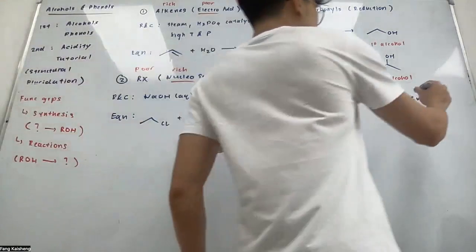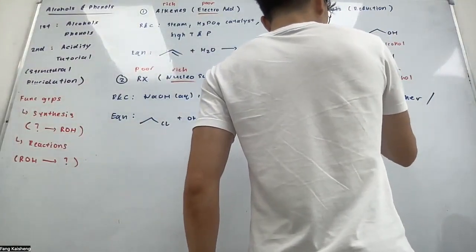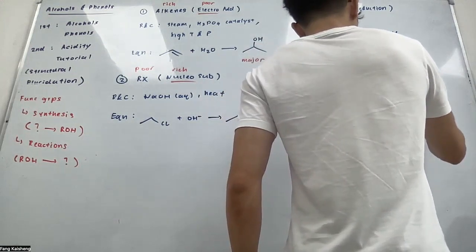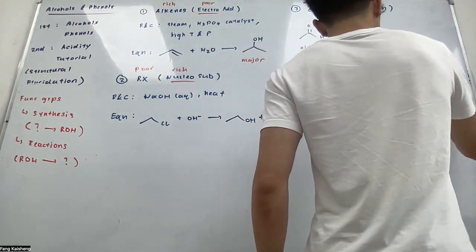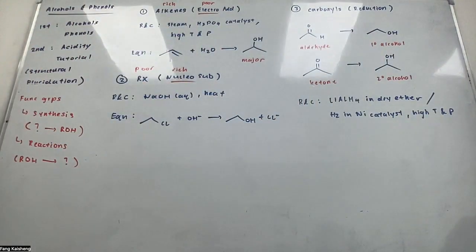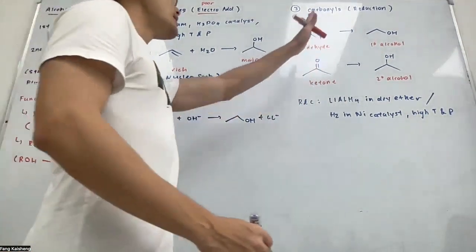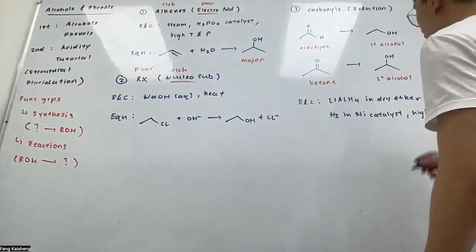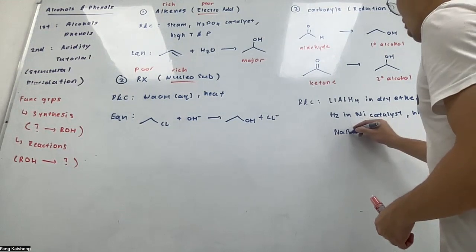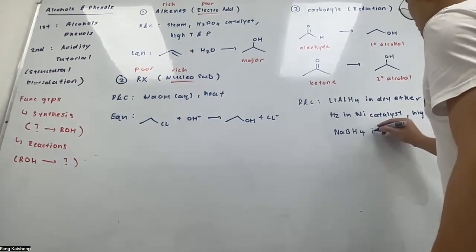Okay, but there are alternatives. Other than that guy, there's hydrogen with nickel catalyst at high temperature and pressure. This is the first reducing agent you have learned in alkenes, all the way back. Both of them work in this scenario. But in the next chapter, I will also introduce a third reducing agent called sodium borohydride in methanol.